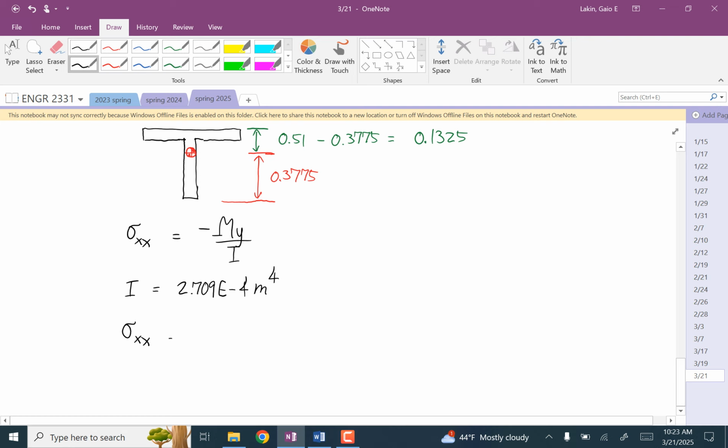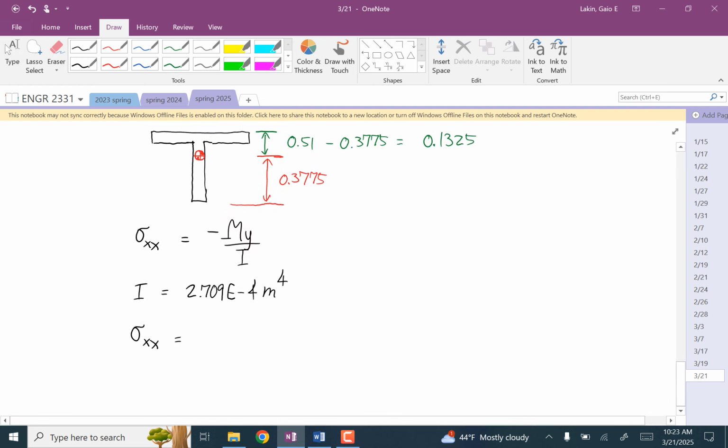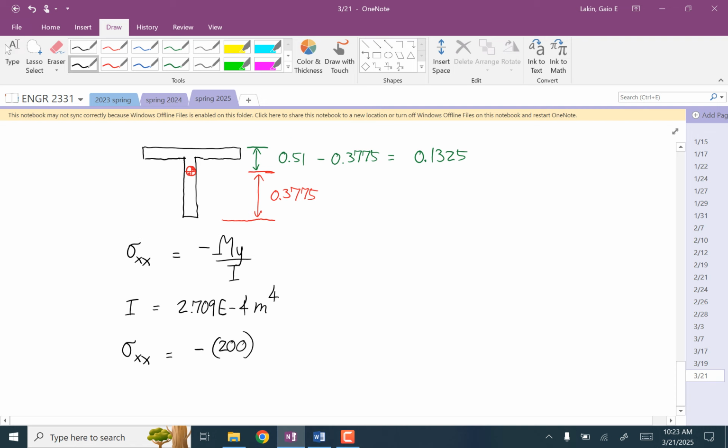So sigma XX is equal to negative of 200. Our Y goes from the neutral axis to the height that we care about. So that's 0.1325. We're dividing by 2.709 times 10 to the minus 4.